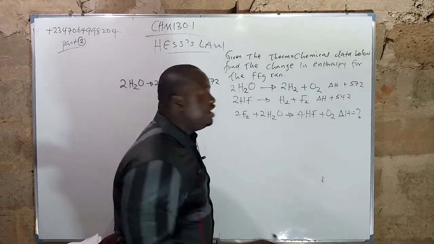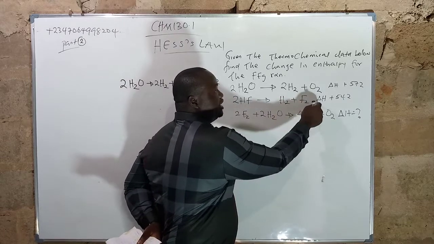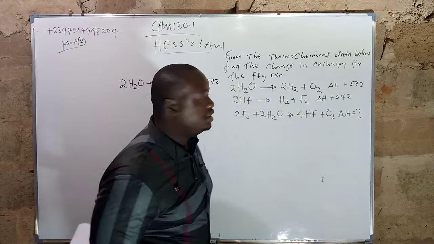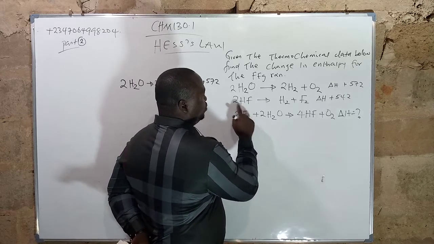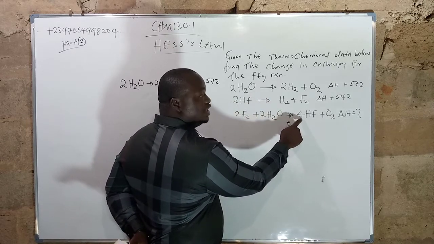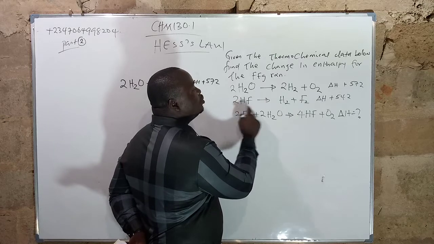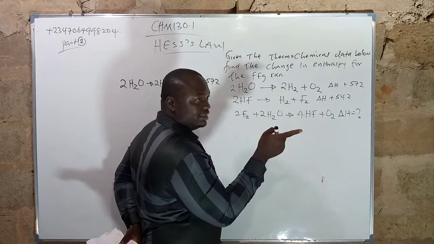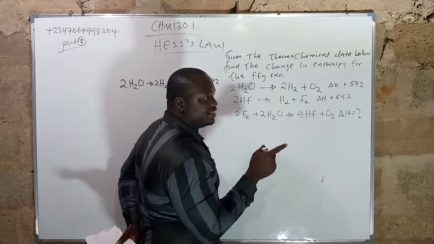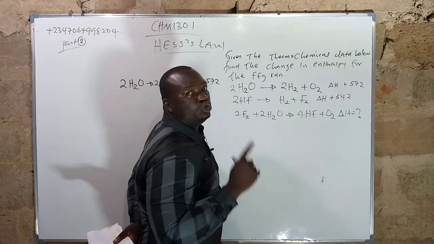Remember from part 1, whenever we reverse a reaction, the delta H sign must change. Here we have 2HF, but in the base reaction there is 4HF. So first we reverse it, and after we reverse it, we multiply it by 2.